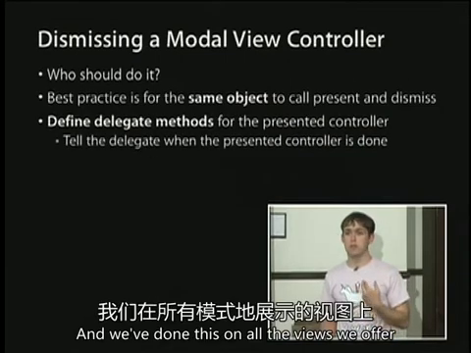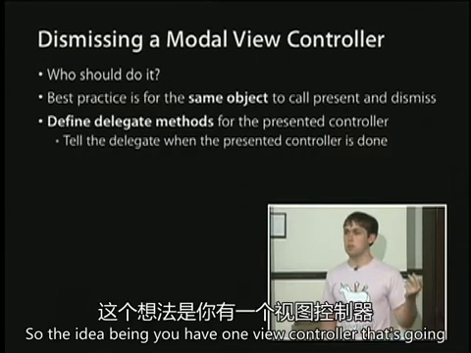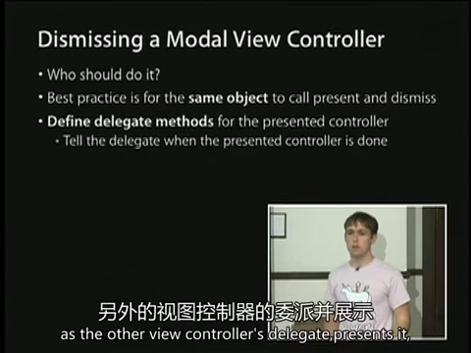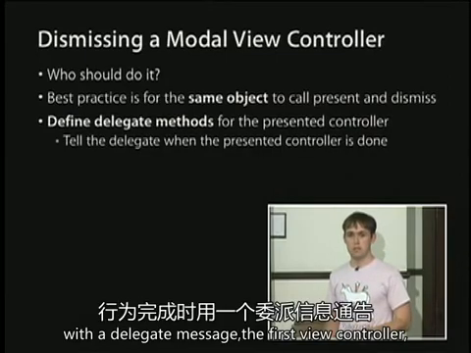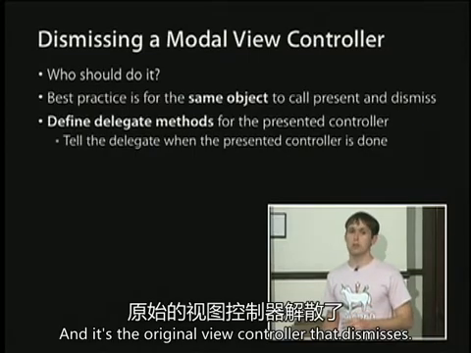And we've done this on all the views we offer to be presented modally. So the idea is you have one view controller that's going to present another, and it sets itself as the other view controller's delegate, presents it, and then the other view controller notifies the first view controller with a delegate message when its action is finished. And it's the original view controller that dismisses.